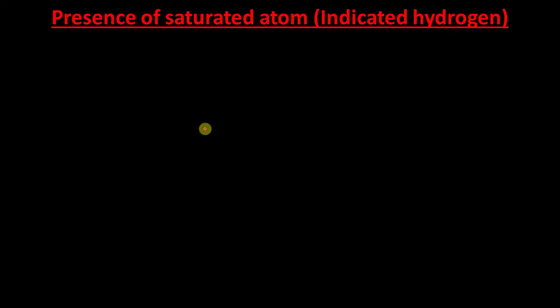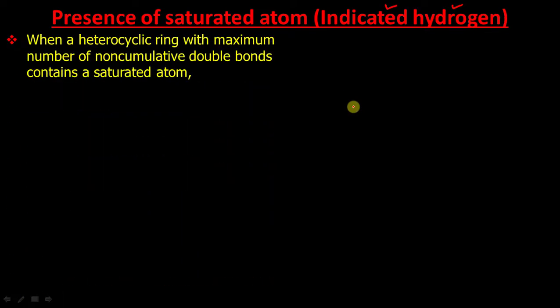Now as I said, if we have a saturated atom, it is represented by indicated hydrogen. What is the meaning of this indicated hydrogen? That is the case which I discussed with you in my previous slides. Now when a heterocyclic ring has the maximum number of non-cumulative double bonds, we have already discussed what non-cumulative double bonds are in our previous lecture, it may contain a saturated atom.